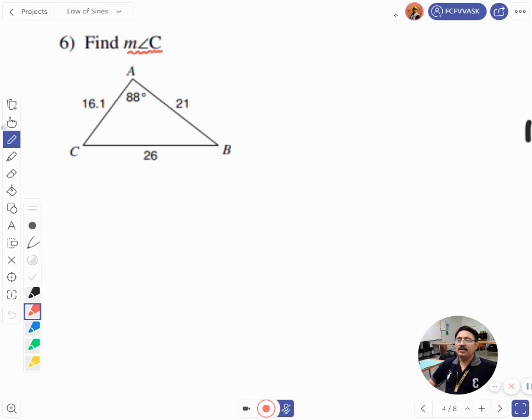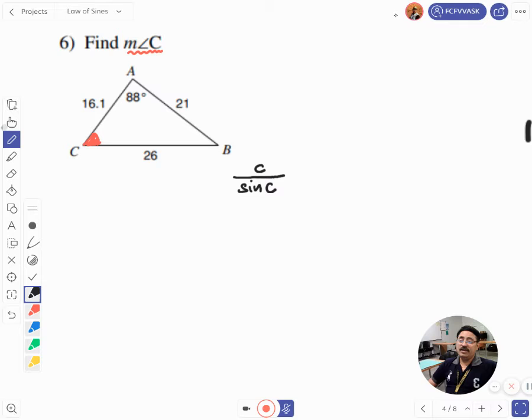So find angle C. This is the angle which you are expected to compute. Let me compare. Angle is not known and the opposite side is given, so C over sine C is taken.